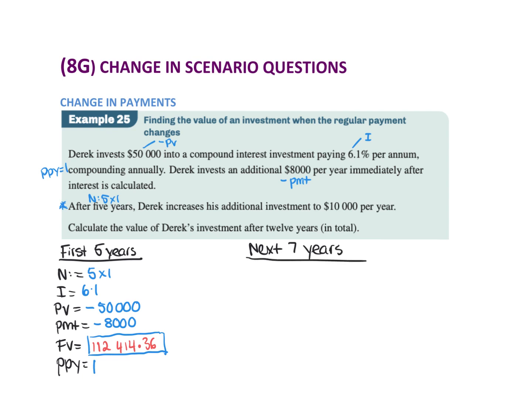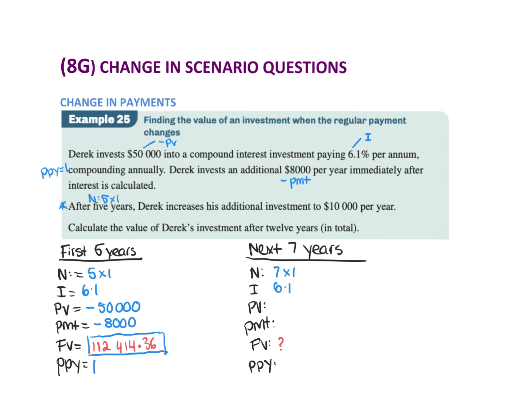Okay, so we're going to do the next 7 years, and we're pretending like we're at the start again, but obviously we're going to change that payment. And obviously the question is, we want to know in the end the final value. So we've got 7 years to go, so 7 times 1. The interest rate didn't change, so I can keep that.